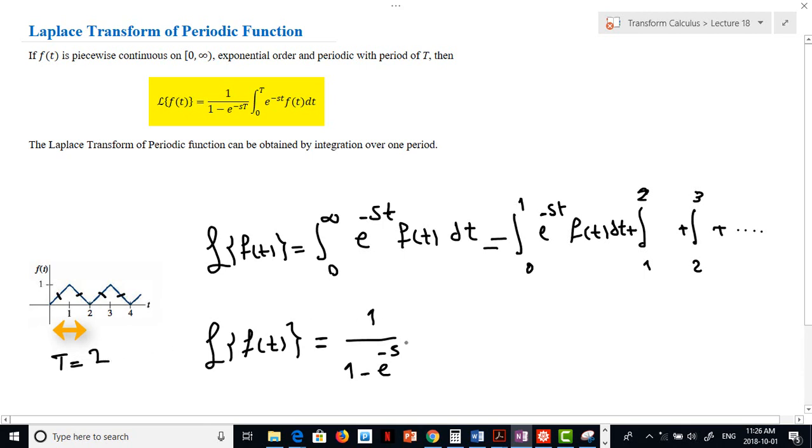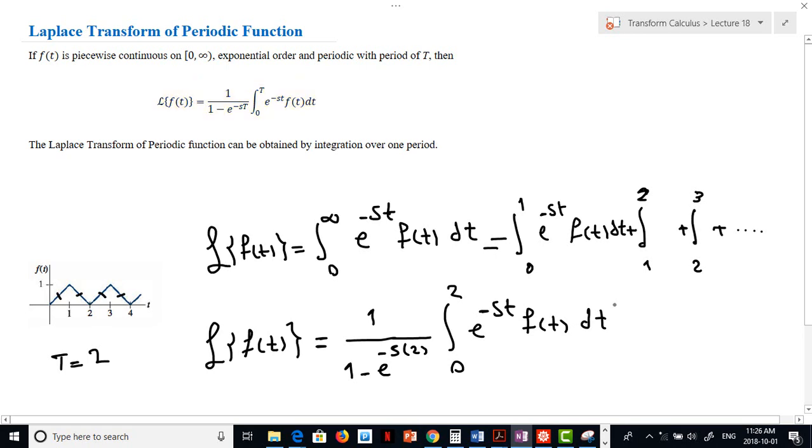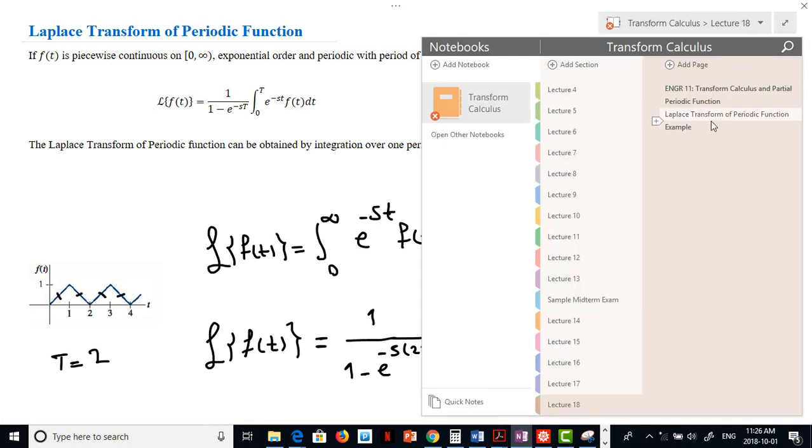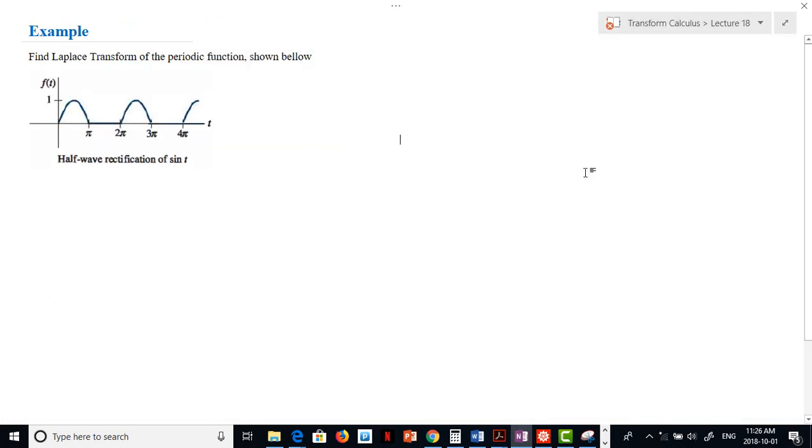So as a result, we have s times 2. The integral from 0 to 2 of e to the power of minus st f(t) dt. So now you can easily find this integral, and you can find Laplace transform of given graph. Now we solve one example to see how this equation works.